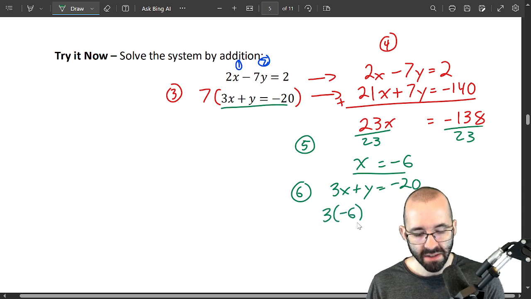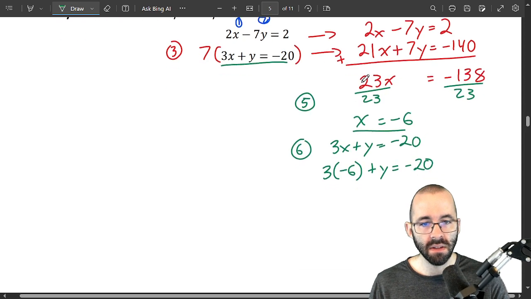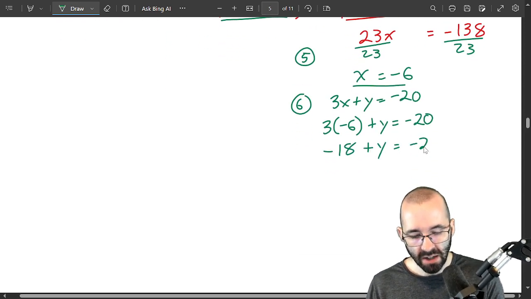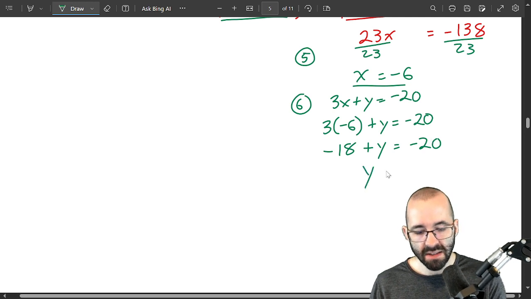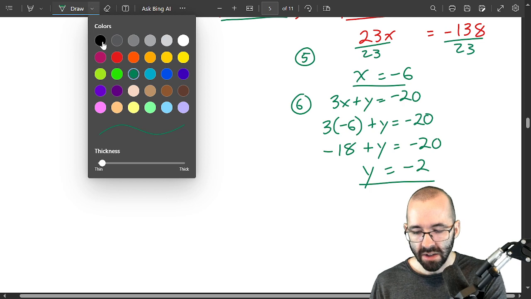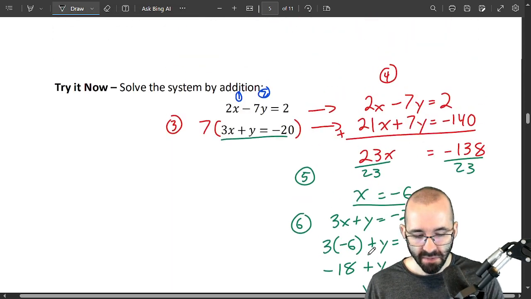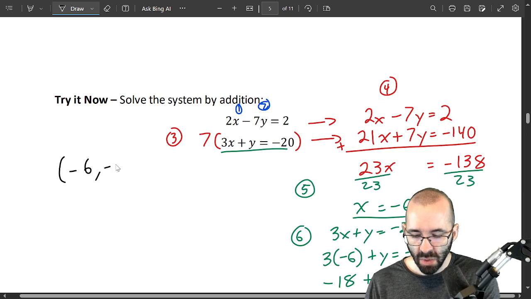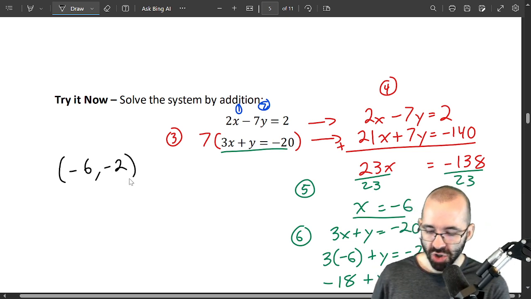So 3 times negative 6 plus y equals negative 20. That's negative 18 plus y equals negative 20. Add 18 to both sides, and you're going to get y is negative 2. Let's write our answer down and see if we're right. X is negative 6, y is negative 2.